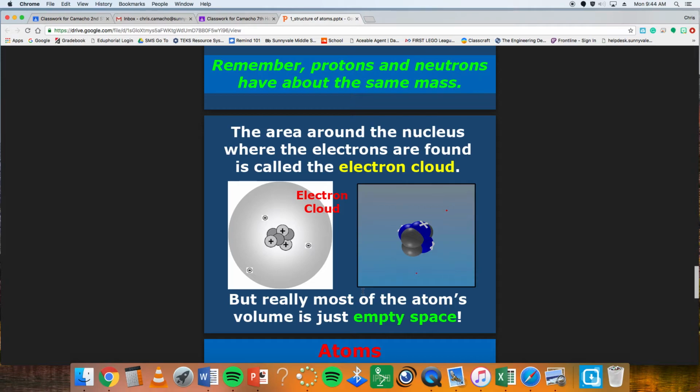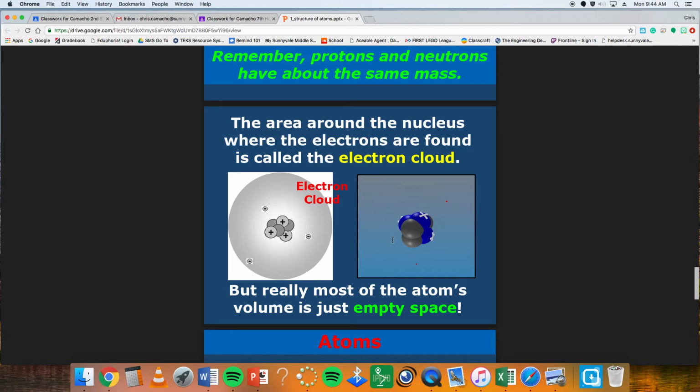They do have a very, very, very minuscule amount of mass, but not enough to where we record their mass or count them when we're looking at the mass of an atom. We don't pay any mind to electrons. We really only focus on the protons and the neutrons when we're trying to decide what the mass of an atom is.